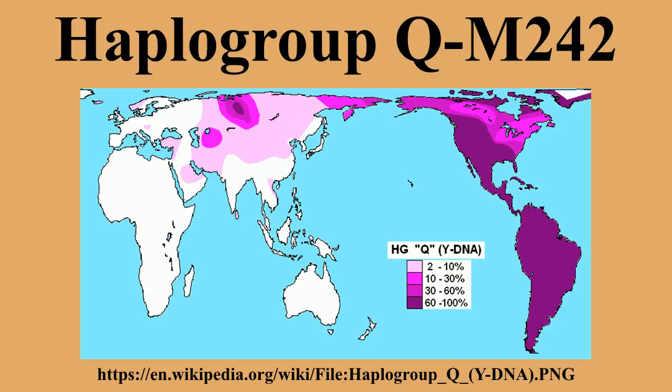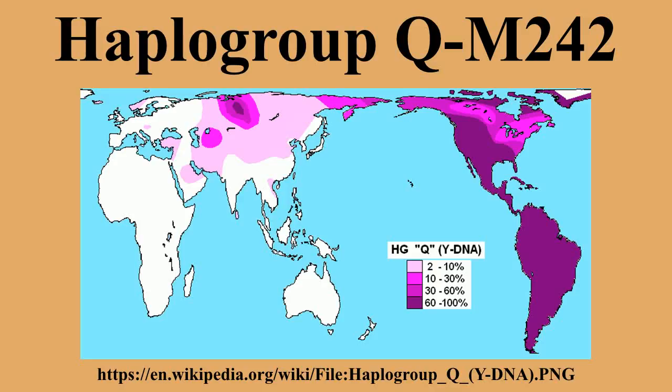In a study published in 2011, researchers found Q-M242 in 3.3% of the samples of unrelated Han Chinese male volunteers at Fudan University in Shanghai, with the origins from all over China, though with the majority coming from East China.